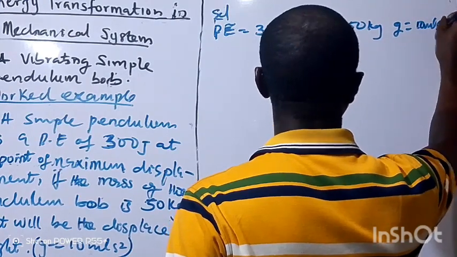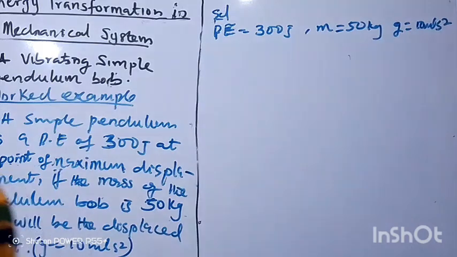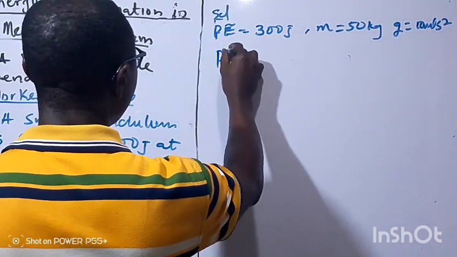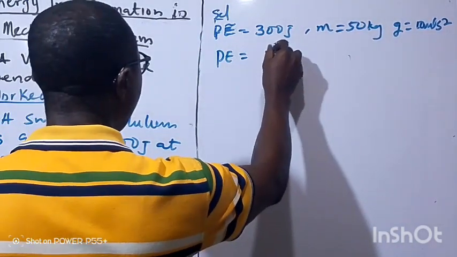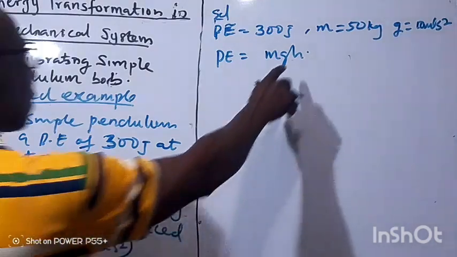So we now have to calculate the displaced height. And you know that P, the magnitude of P, is given as mgh. Now in this question, we have to calculate H. Potential energy is given.